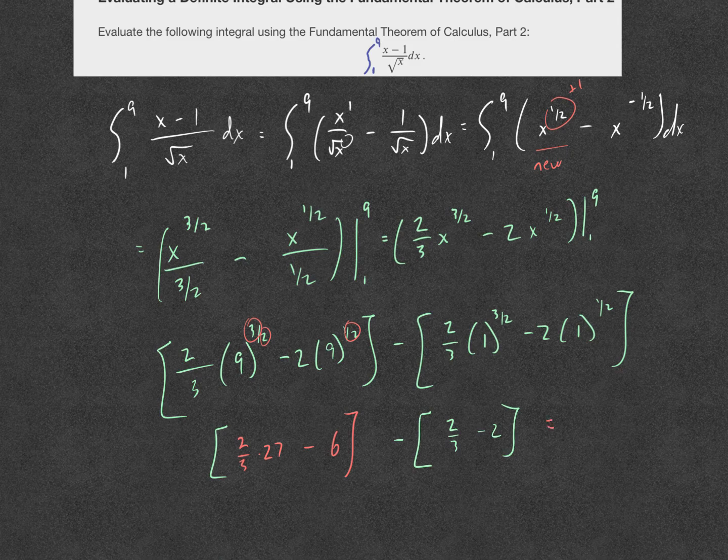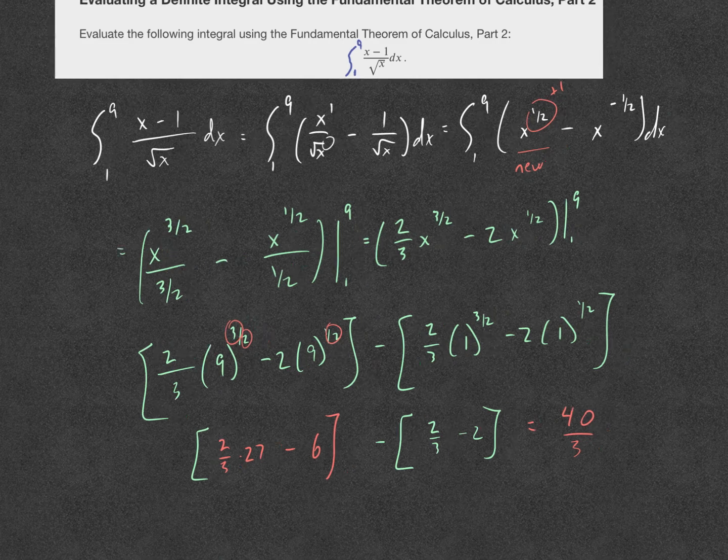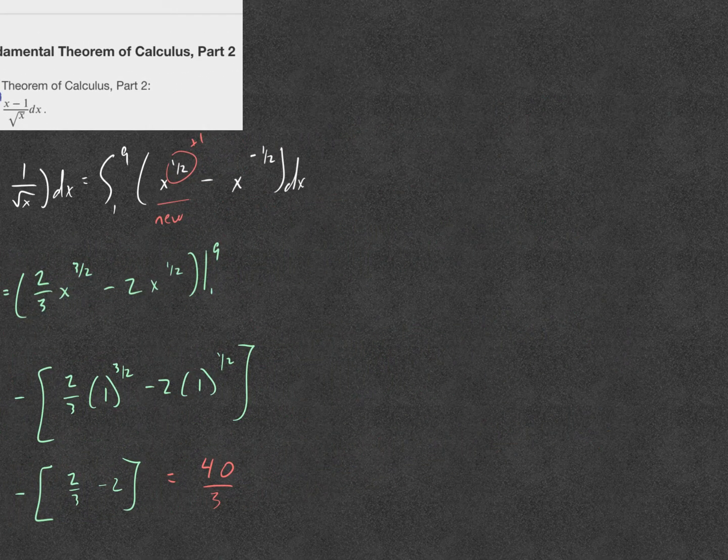Now I'm just going to say, poof, I typed it all into my calculator, and the answer is 40 over 3. And you can absolutely use your calculator to help when evaluating these. And then just finally, to connect it to the visual, if you pull up a graph of this function, it looks like this. And we're going from 1 to 9.